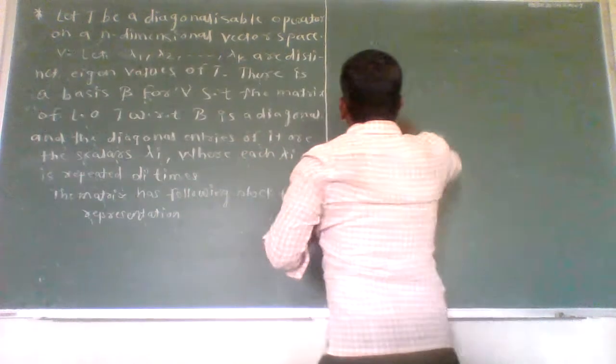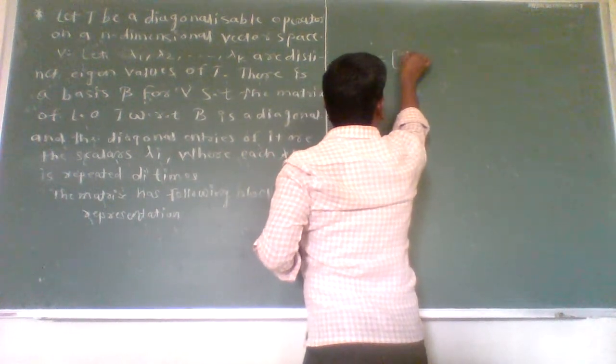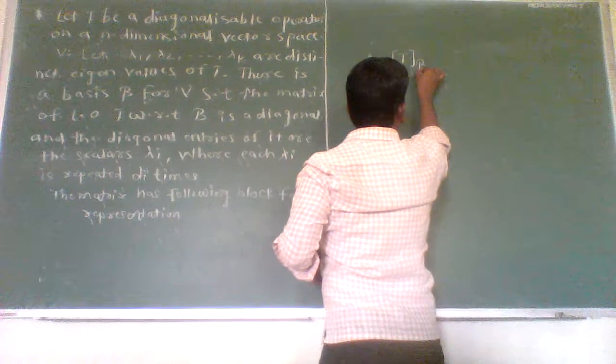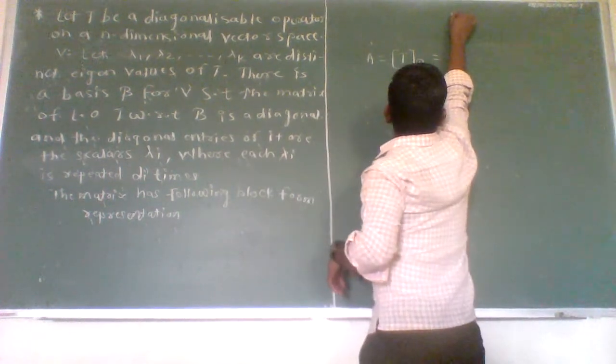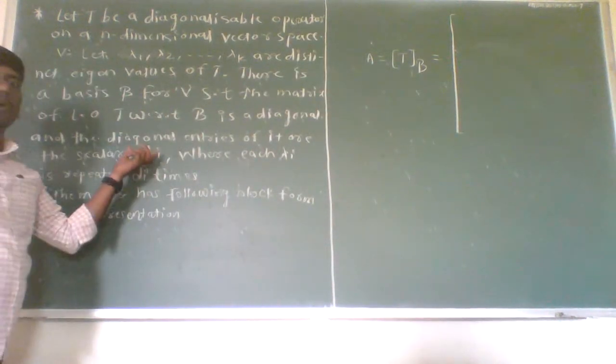Now the matrix A, which is the matrix of linear operator T with respect to ordered basis B, is a diagonal matrix since it is a diagonalizable operator.